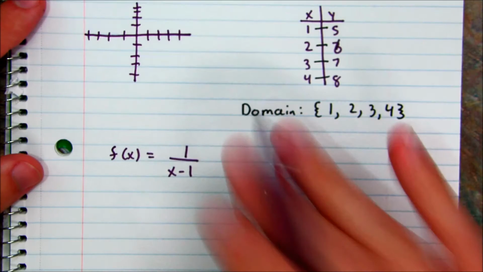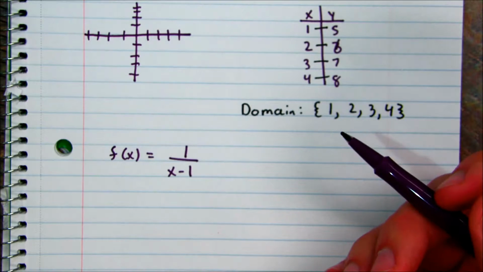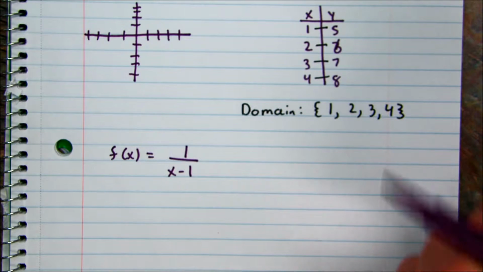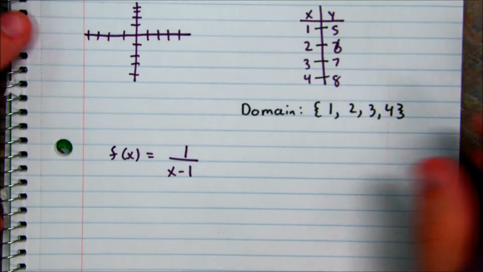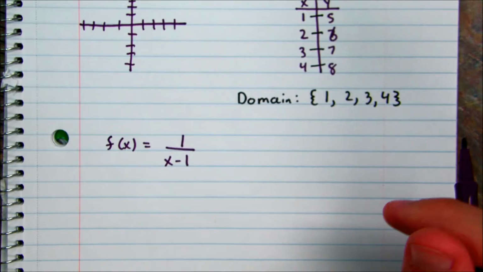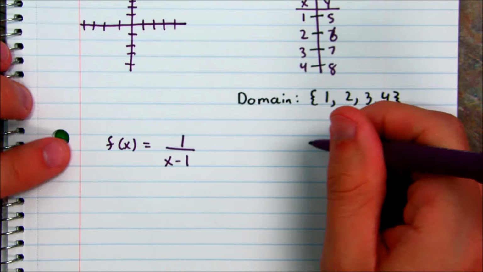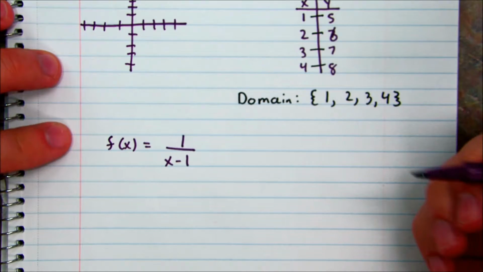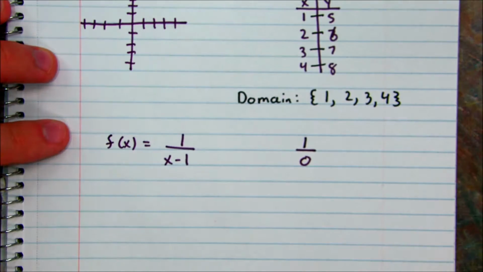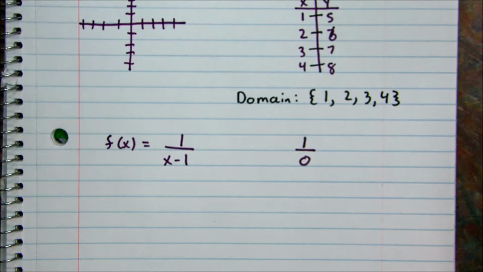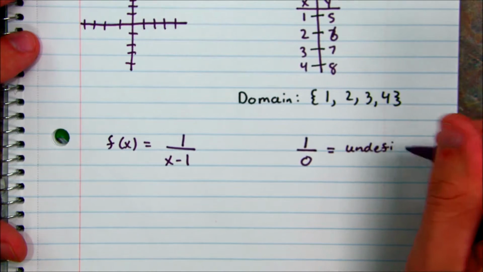So in this case, it's actually easier to look for what can I not plug into the equation. When we're looking at functions, at least when we're considering real values, there's a pretty straightforward test. The first case we are going to avoid is having a 0 in the denominator. If we were to try and do 1 divided by 0, we can't do it. We say this is undefined.